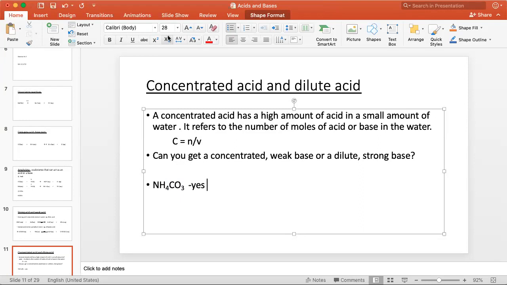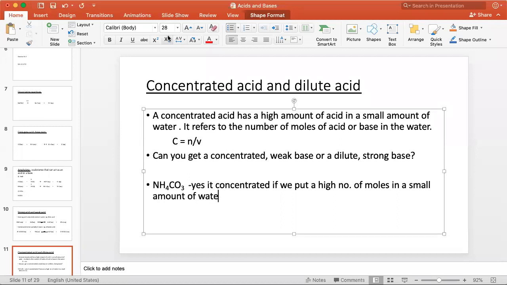It's a weak base, but it can be concentrated if you put a lot of it in a small amount of water.